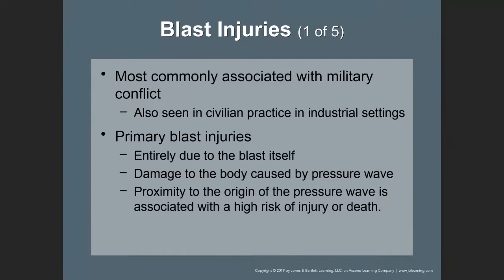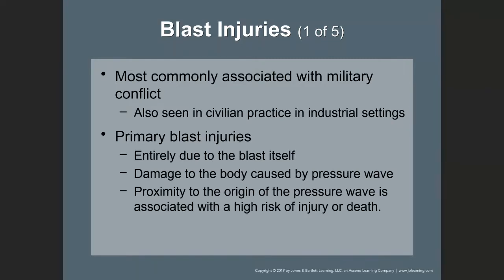Blast injuries. Blast injuries are most commonly associated with military conflict, but are also seen in civilian practice in the industrial setting and in illegal drug labs. Primary blast injuries are entirely due to the blast itself.